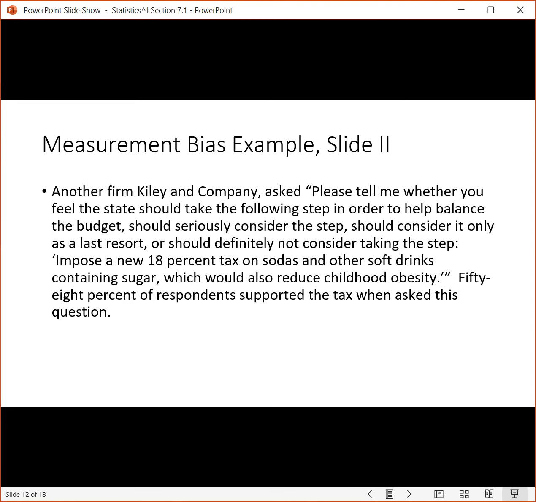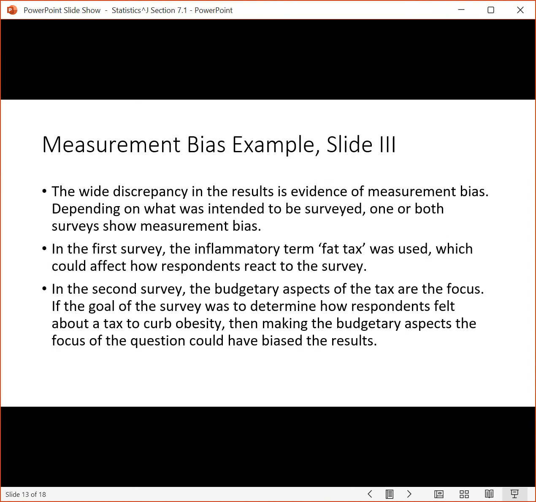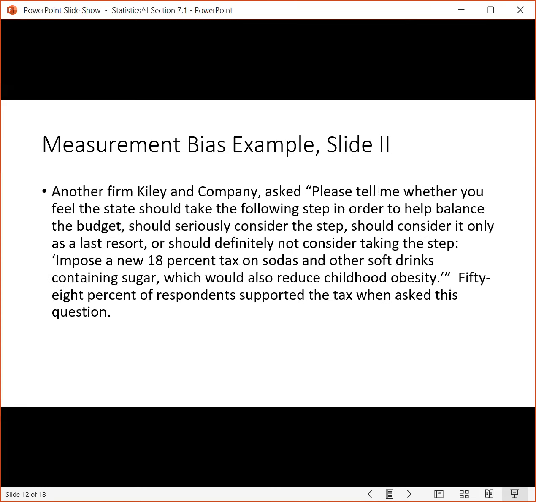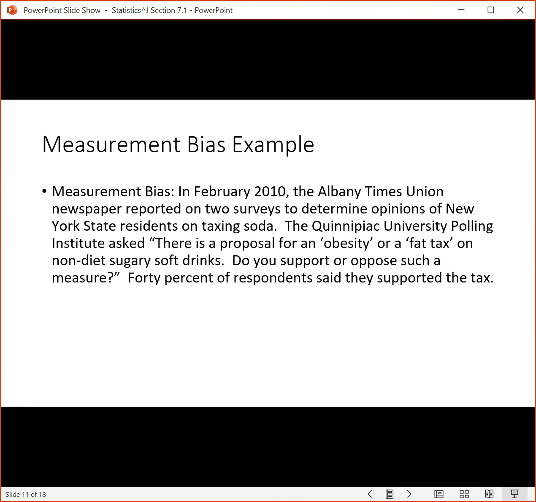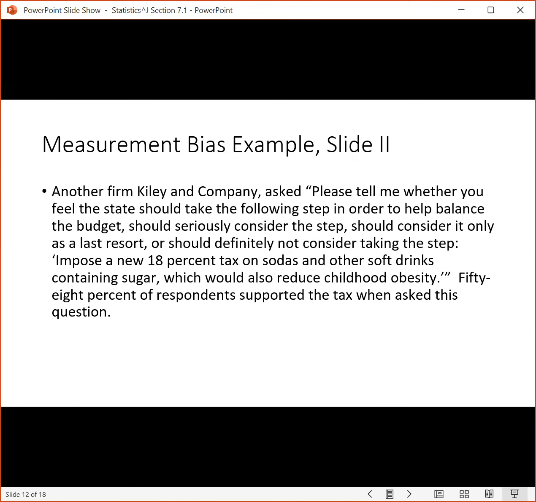And then as far as this question, note all of this stuff about the budget. If the point of the question is to ask whether people would approve taxes in order to curb obesity, then all of this stuff about the budget is beside the point and can definitely influence or confuse the audience. All right, and also notice the wide discrepancy. Let's highlight that: 40% when they used this inflammatory term, and then 58% when they wrapped it in a budget perspective.